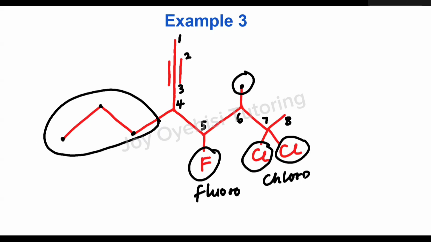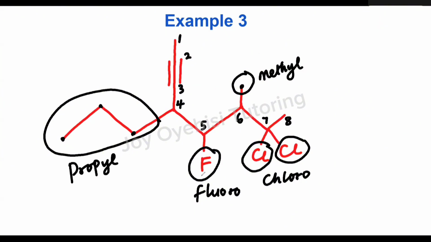So as a branch, all halogens become halo. So fluorine, fluoro, chlorine, chloro, bromine, bromo, iodine, iodo. And then a 1 carbon branch or substituent will be a methyl group. And then this is 3 carbons. This is prop. Prop is for 3 carbons, so that's propyl.